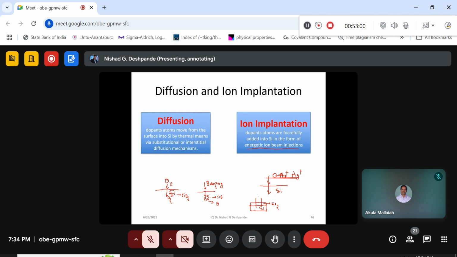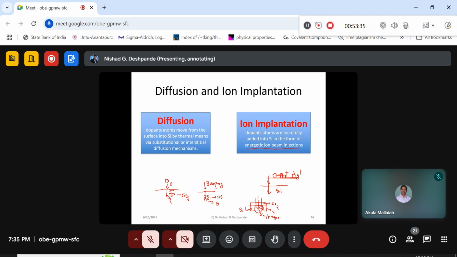Now I want to introduce some dopant in this region here. This is where I have silicon, and I want some dopant here such that I want to go for either an N or P type region.